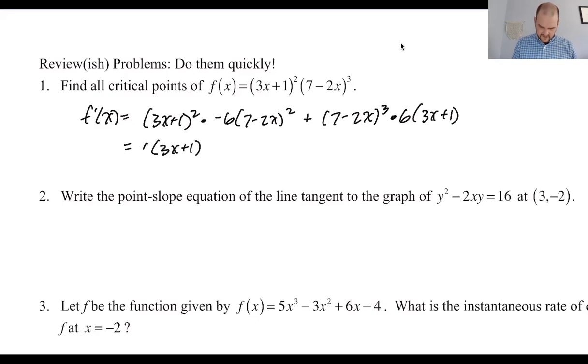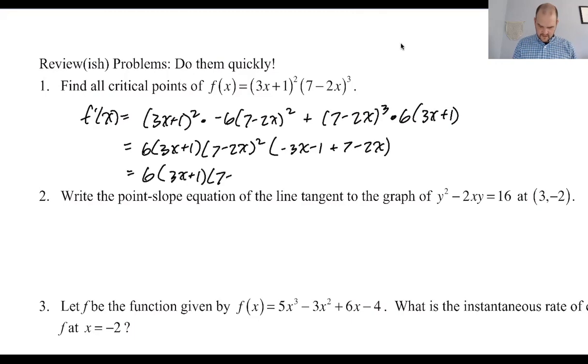I can take out a 6, actually, a 7 minus 2x squared. That'll leave me with -3x minus 1, and then plus 7 minus 2x, I think. So that'll be 6, a 3x plus 1, a 7 minus 2x squared, and then a -5x plus 6.